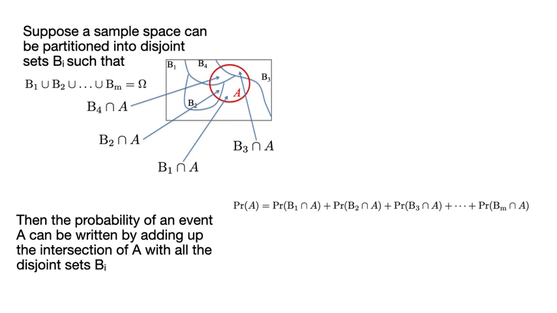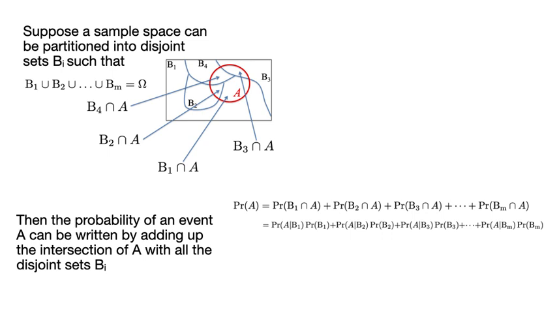So mathematically it looks like this. The probability of A is this intersection right here plus this intersection right here plus this intersection right here, da da da da, all the way up to however many disjoint sets we got.